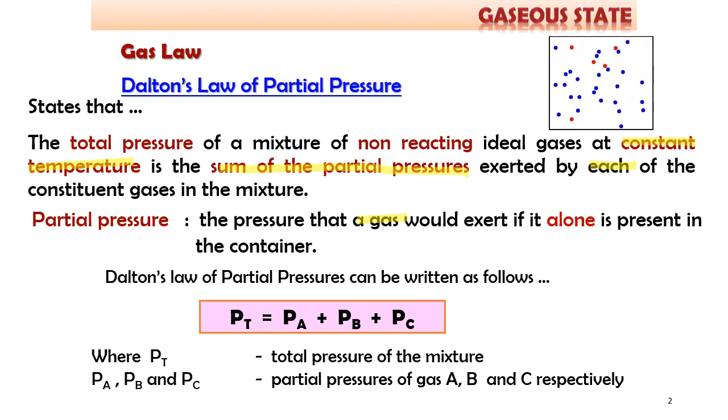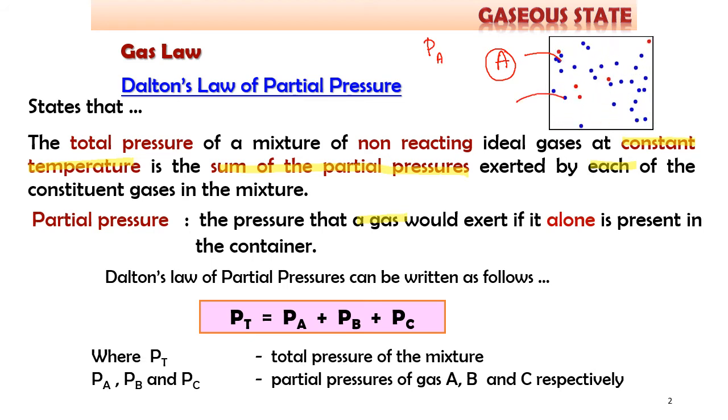Maksudnya, if you have gas A in here, so the partial pressure of the gas A is not affected by other gases.